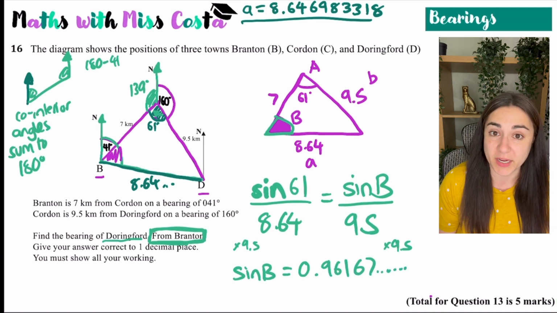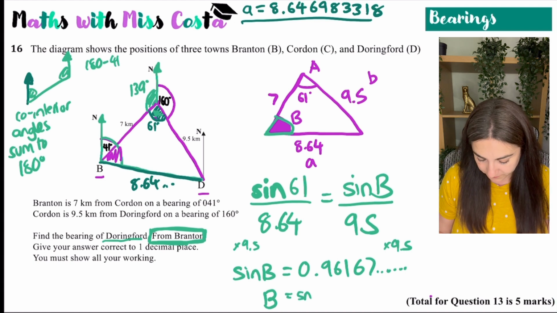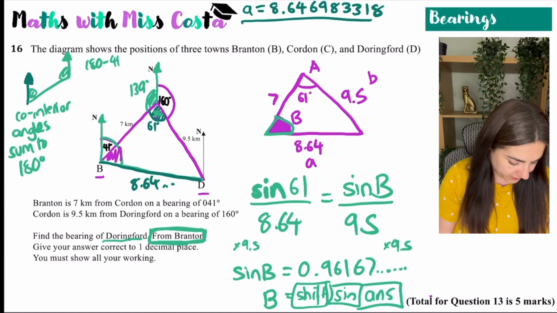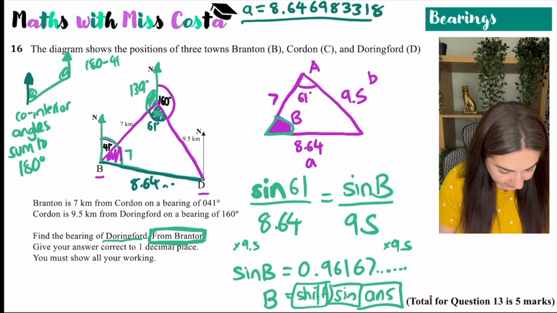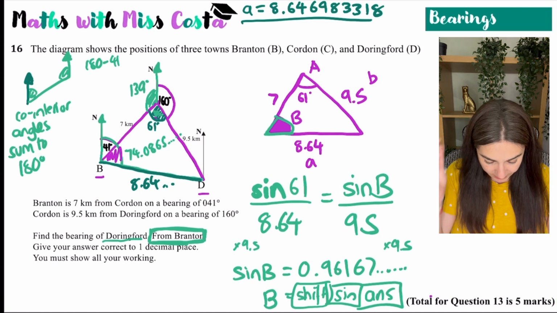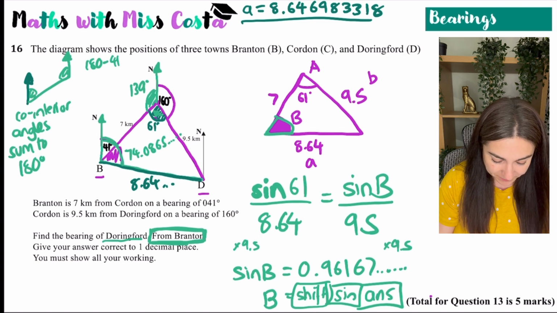Remember, I'm going to save this as my answer, so I don't need to write everything down. So the value of angle B is going to be the inverse. So I press shift, sine, and then answer. So shift, sine, answer, and that tells me that angle B is 74.0865 and so forth, degrees.